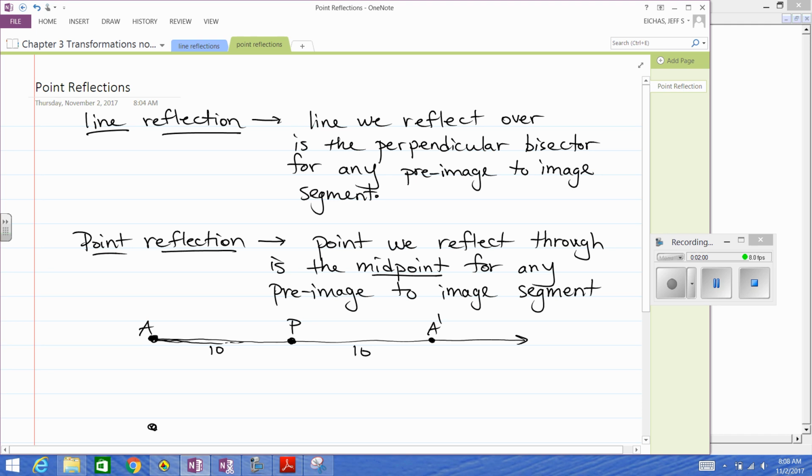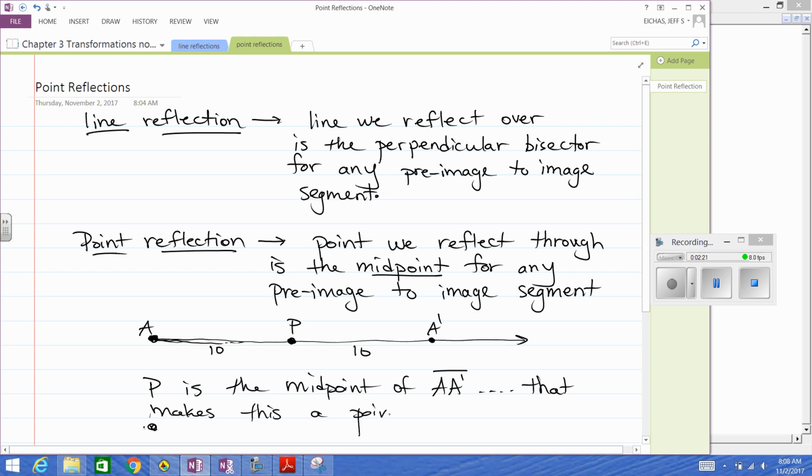What that does is make P the midpoint of A to A prime. That makes it a point reflection. Okay, so that's what we're looking for right there.